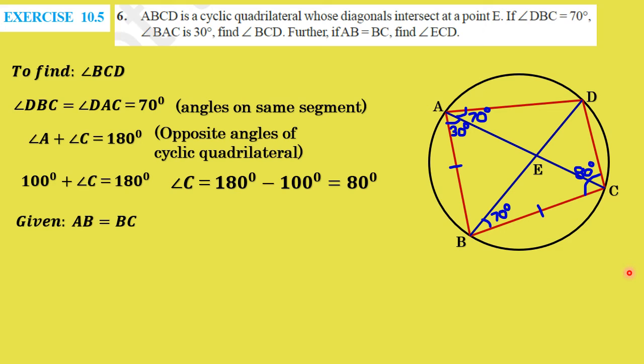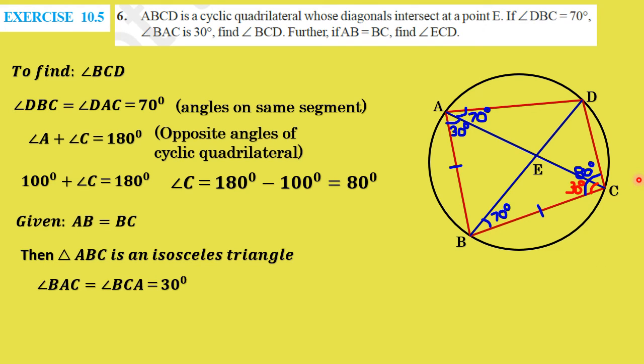When AB is equal to BC, then this triangle ABC will become an isosceles triangle. And we know that in an isosceles triangle, the base angles are the same. So when this is 30 degrees, then BCA will also be 30 degrees.